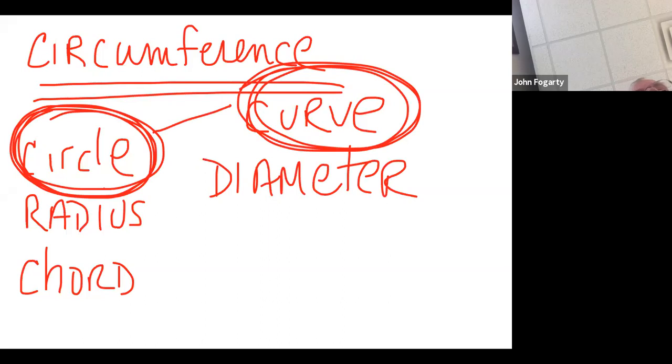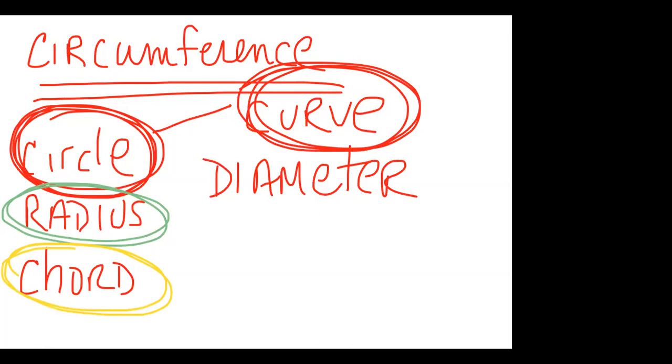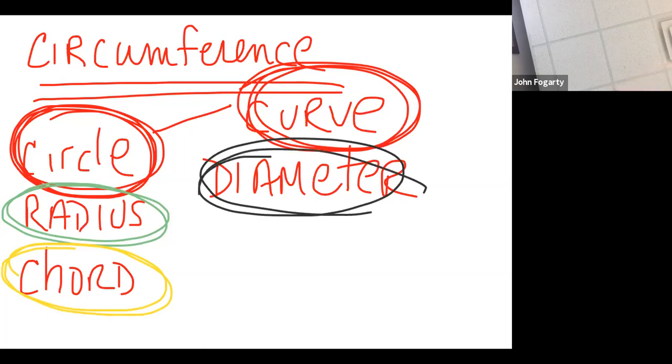So what we do is we use these words, and what they mean, because these are all different types of line segments. Yes? All righty. So we know that you need to know the definition of all of those, fellas.